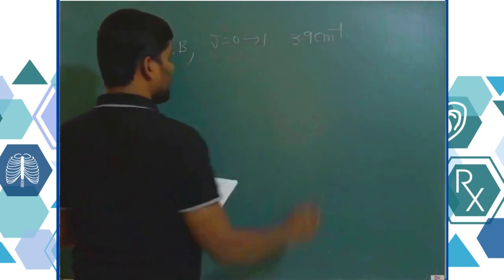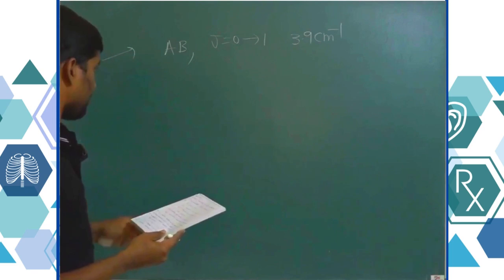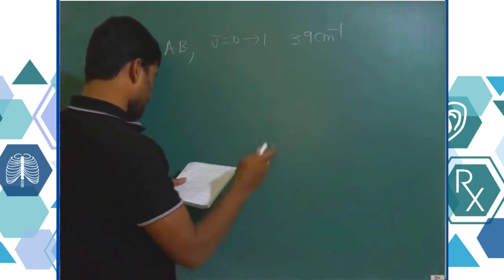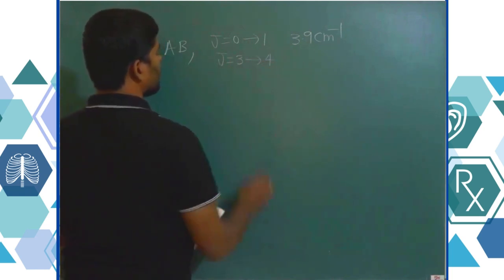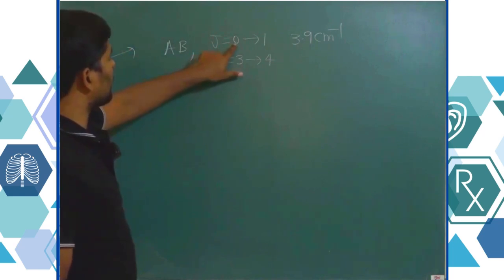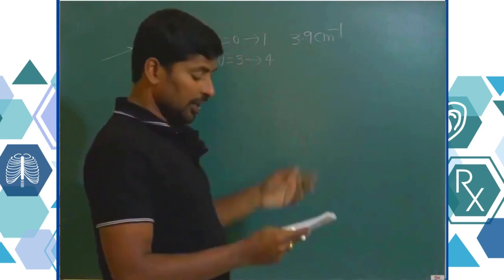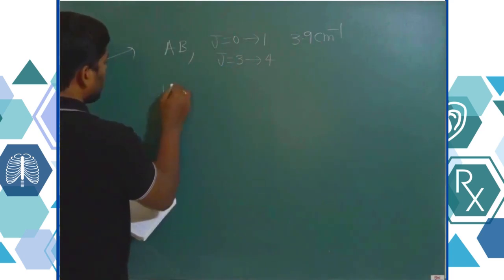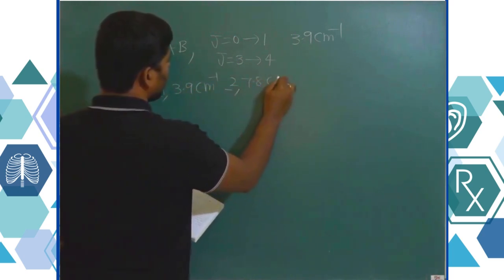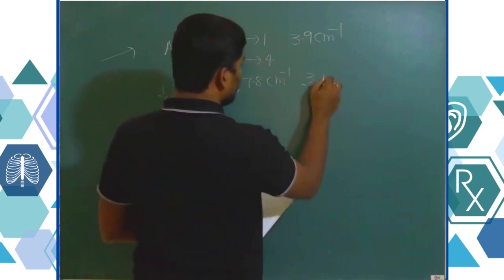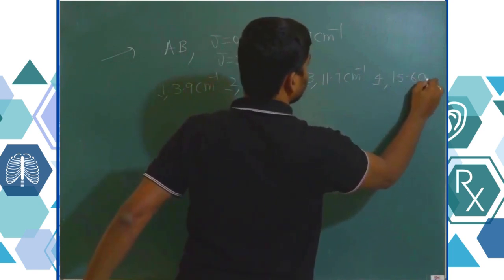If the energy required for the rotational transition from 0 to the first level is 3.9 centimeter inverse, then what is the energy required for the transition from J equal to 3 to 4 state? Options given: 3.9, 7.8, 11.7, and 15.6 centimeter inverse.